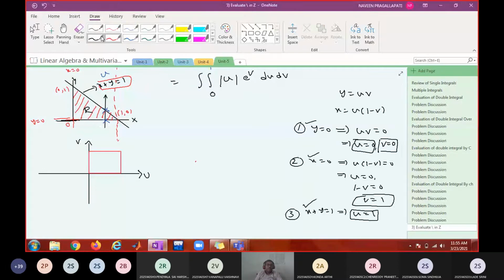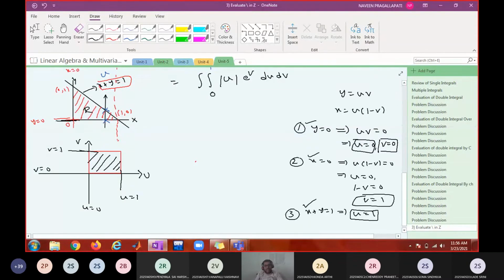So this is u equal to 0. This is u equal to 1. This is v equal to 0. And this is v equal to 1.